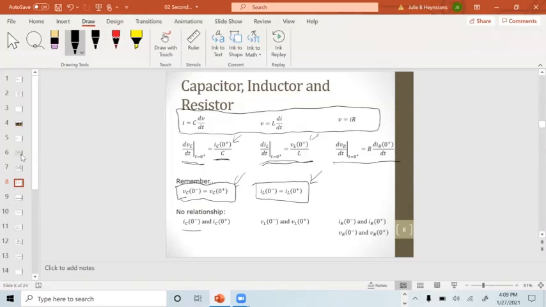These down here don't have any relationship. The current through a capacitor can change instantaneously. The voltage across an inductor can change instantaneously. And since resistors don't store any energy at all, they can change all the time.